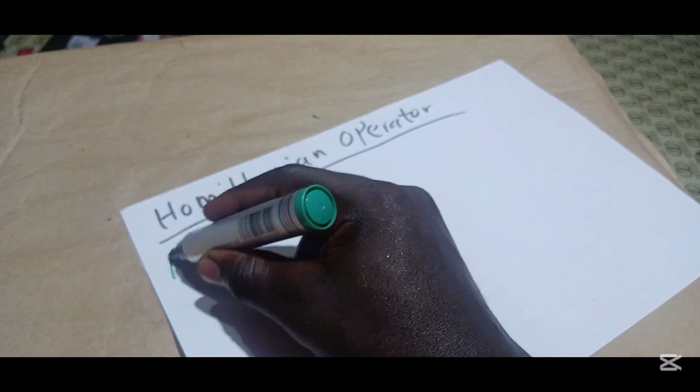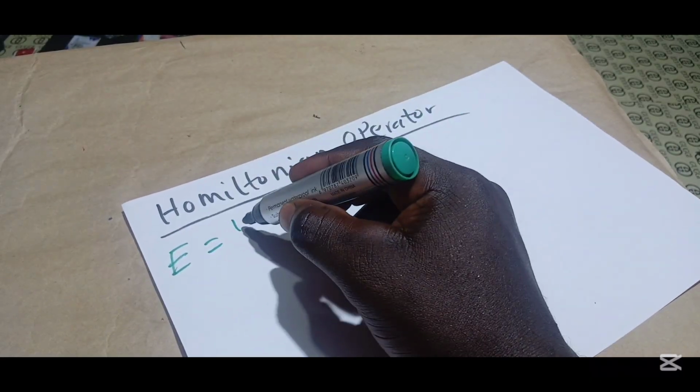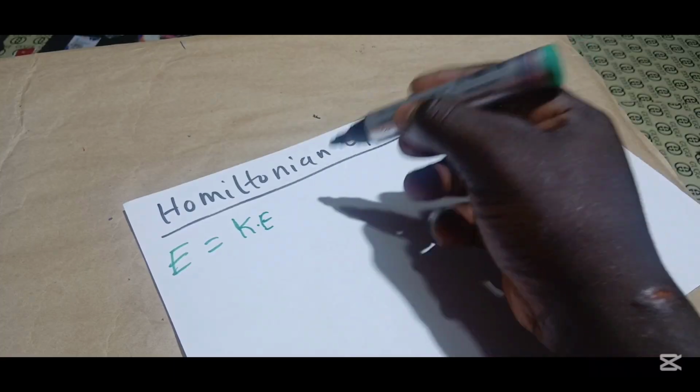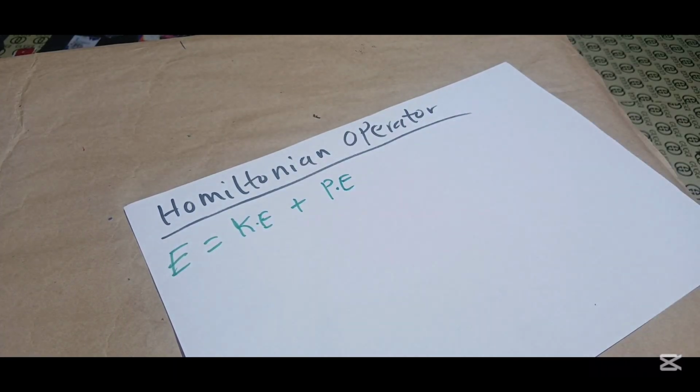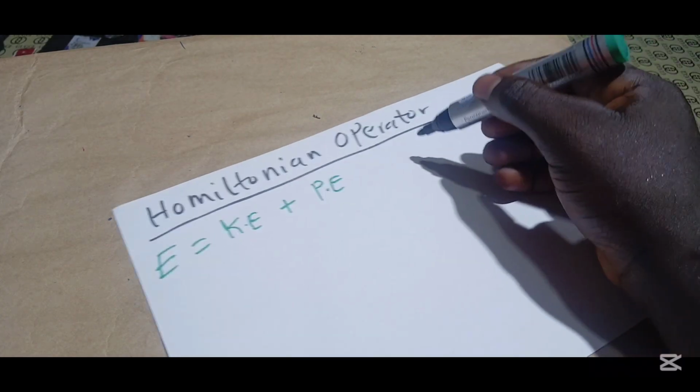In classical physics, the Hamiltonian, which is the total energy of a system, E, equals the sum of the kinetic energy and the potential energy.